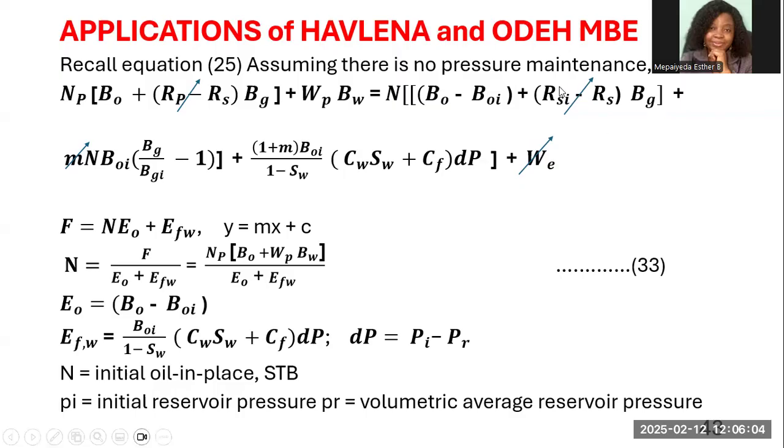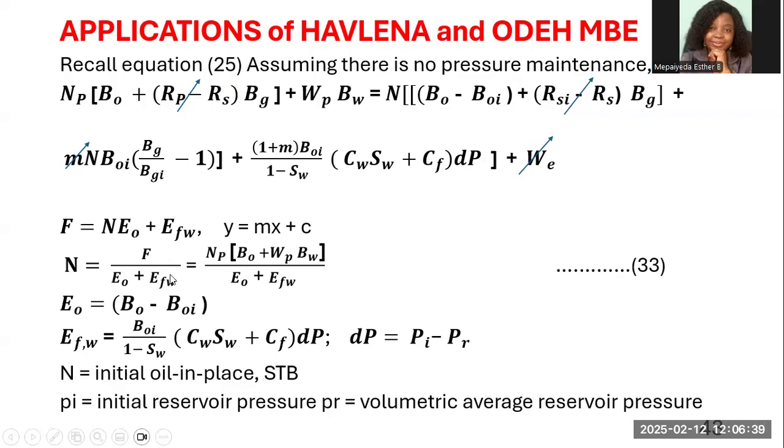F equals N Eo, plus this has become 0 because this multiplies this, then plus Efw. So using y equals mx plus c, if you make N the subject of the formula, you can have F equals this. You can do this yourself.